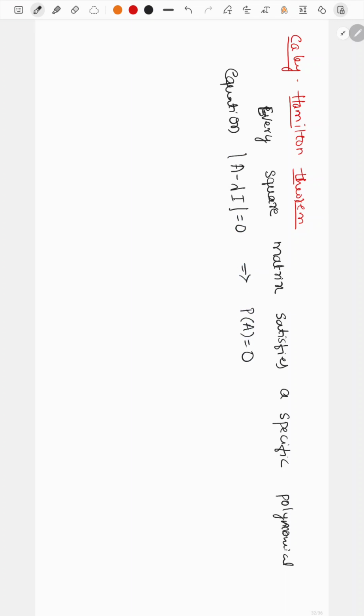By using the Cayley-Hamilton theorem we can answer that particular question.